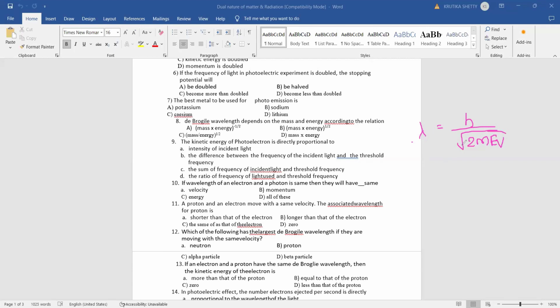So here the under root of mE is there. Therefore option A is the correct answer, because in option A, mass into energy to the power of -1/2, the numerator will become -1/2.